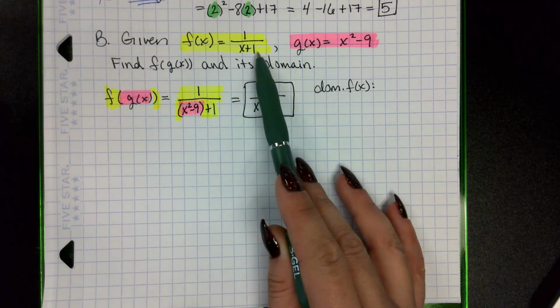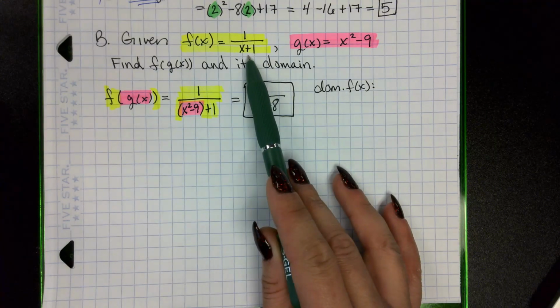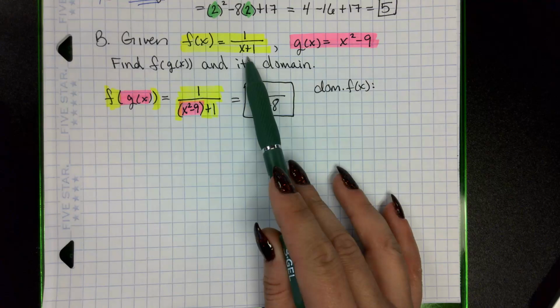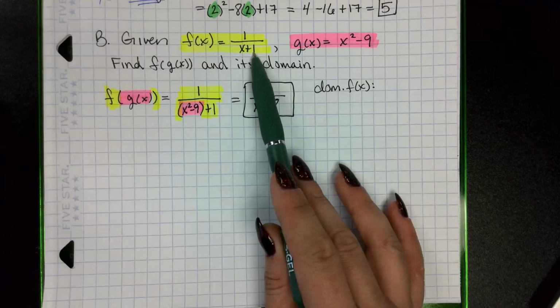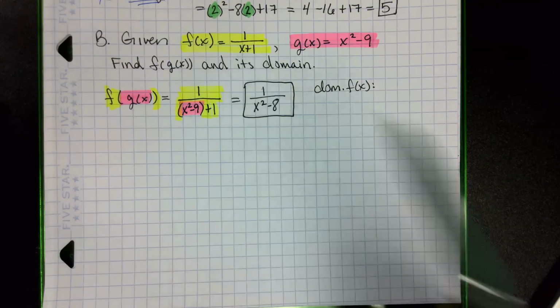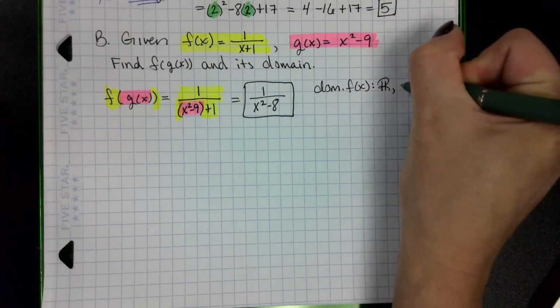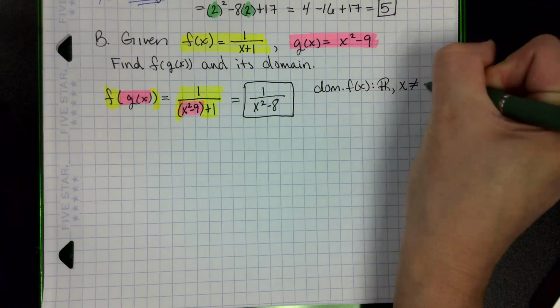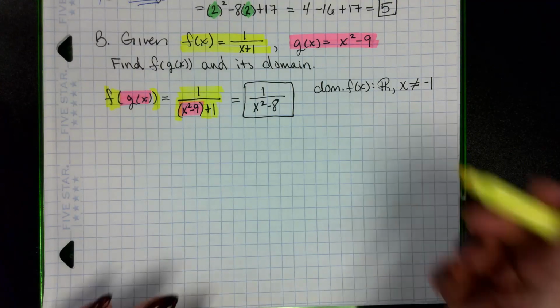So we know the denominator cannot equal 0. So what would make this denominator equal 0? A negative 1. If we plugged in negative 1, we'd have negative 1 plus 1, which equals 0. So the domain for this function is all real numbers, but x cannot equal negative 1. That's the domain for f of x.